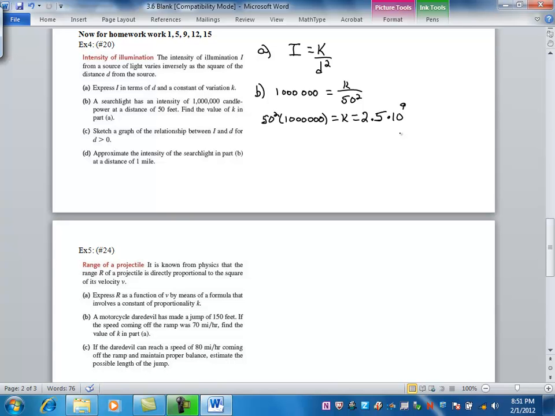Alright, now C wants us to sketch a graph of the relationship between I and D for D values greater than 0. Well, guys, we're just going to go for a fairly rough sketch here. We know that at 50, here's 1,000,000.